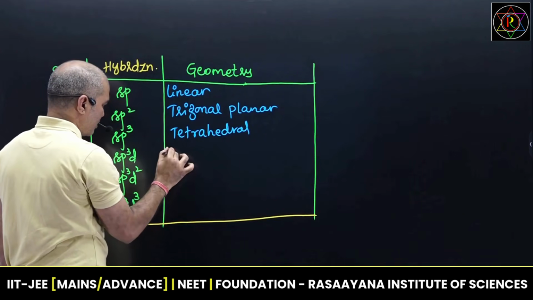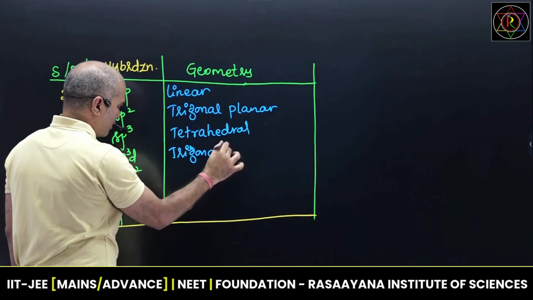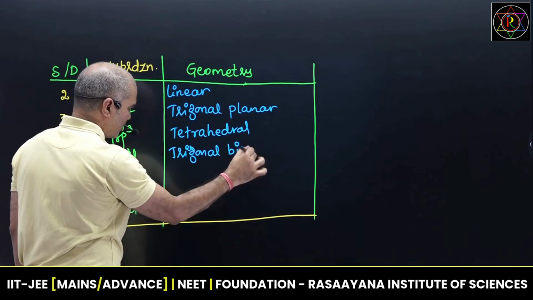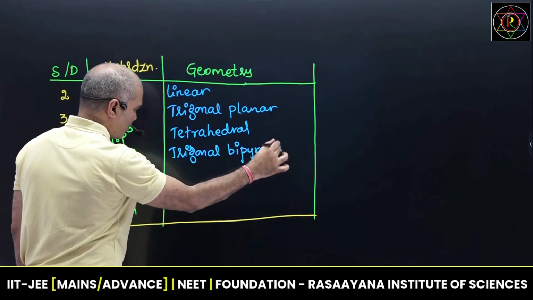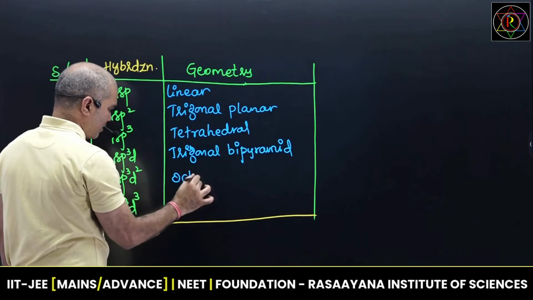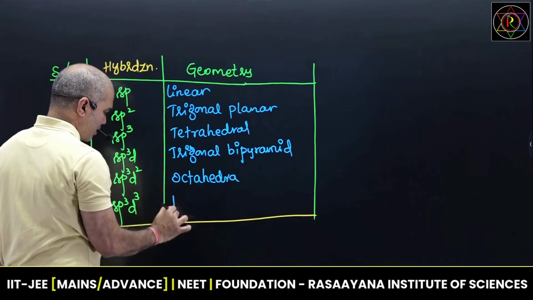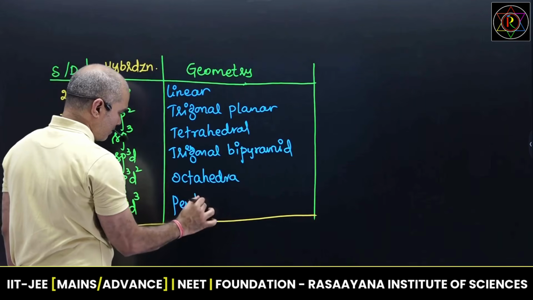For sp3d, the geometry will be trigonal bipyramidal. There is no parent square pyramid geometry. Square pyramid is a derived geometry for VSEPR. sp3d2 is octahedral, and sp3d3 is pentagonal bipyramidal.